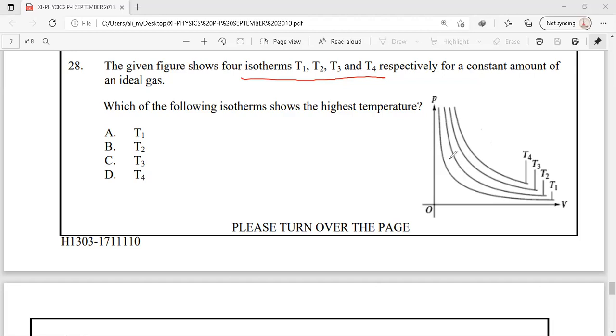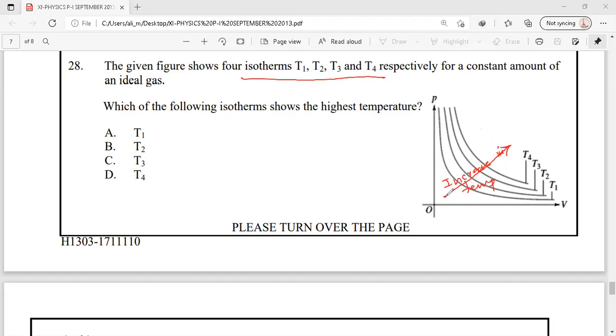In a PV diagram, we can just remember one thing: a graph going in this direction shows an increase in temperature.